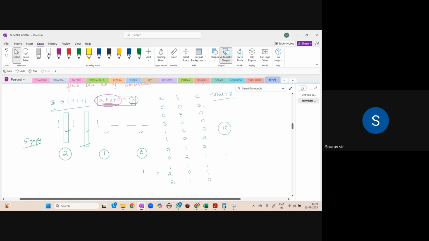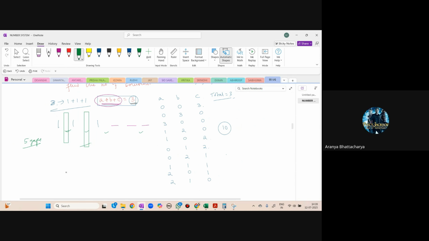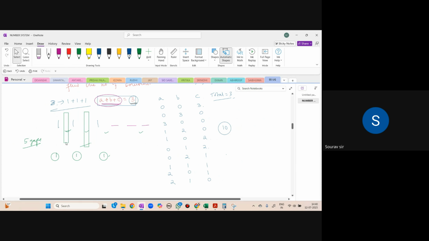If I put one rod here and one rod here, then what happens?